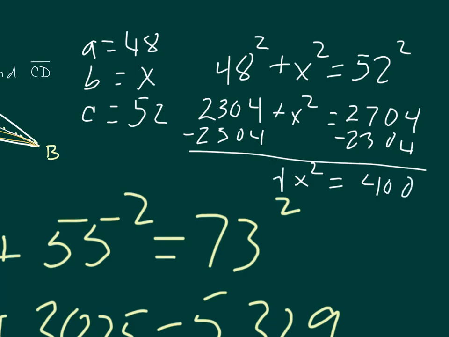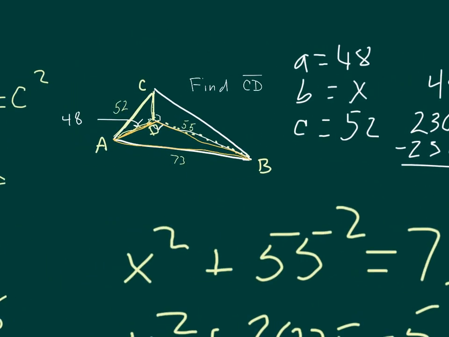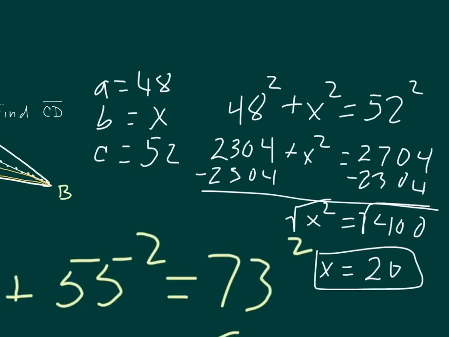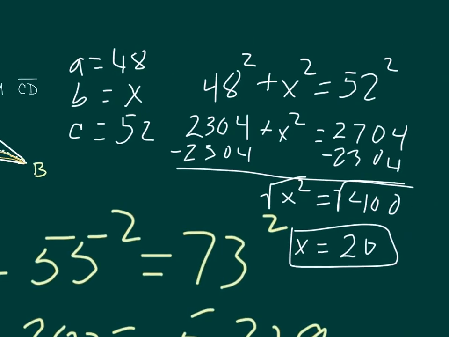Again, we take the square root, and so x equals 20. That is our final answer because, remember, we were looking for CD, and we used 48 and 52 in our Pythagorean theorem to find that. So that's our final answer.